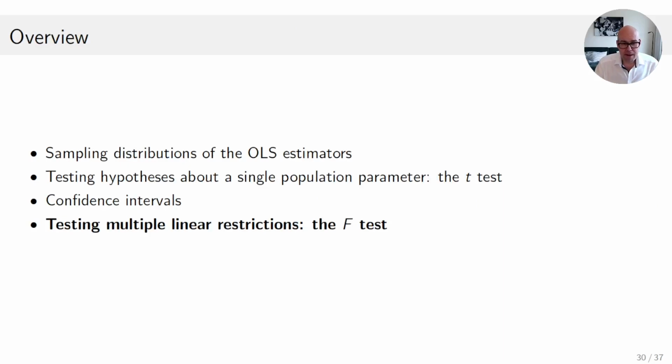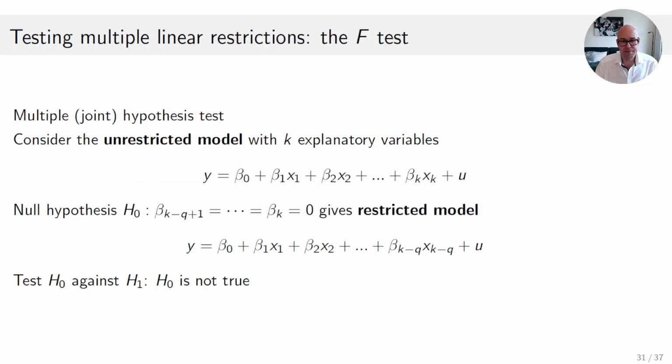Final topic I want to cover here is testing multiple linear restrictions, and that's going to be the F-test. One way to approach this, and this is also how it's done in the book, is to think of an unrestricted model with k explanatory variables.